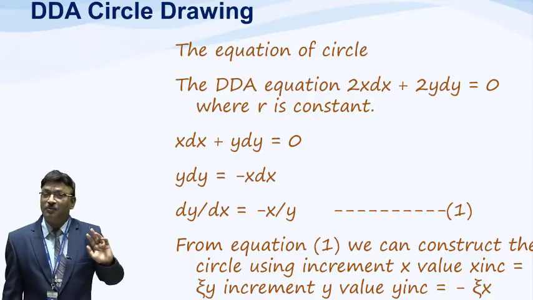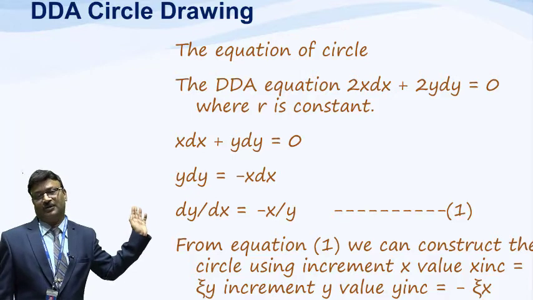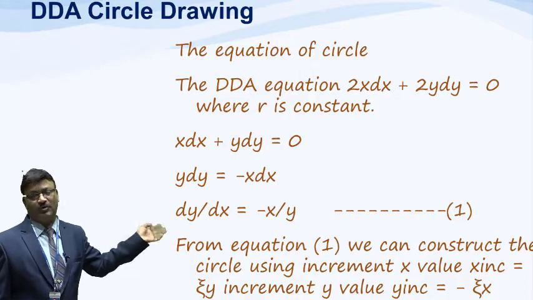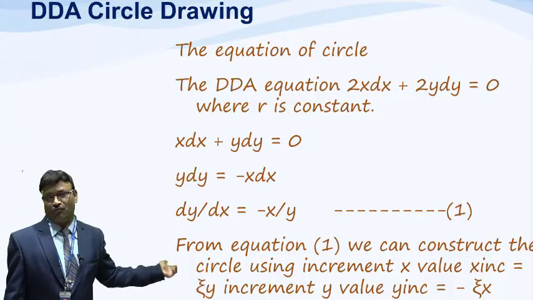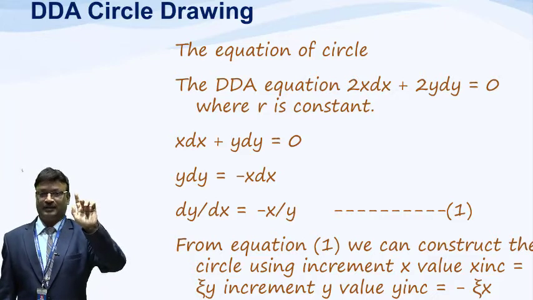So it becomes x dx plus y dy equals 0, and then the equation is dy by dx equals minus x by y. This is my equation number 1 that I have got.